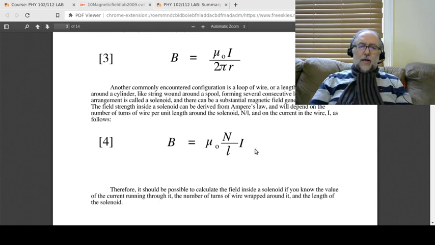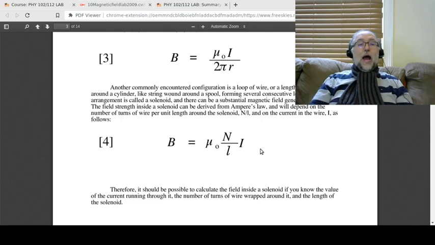If you want to get up into the Tesla range, things like the MRIs that they use for imaging of the brain or whatever, they get up into several Teslas. Those are really, really big electromagnets. But generally speaking, magnetism in the lab is in the millitesla range. A good magnet might get up into the few hundreds of milliteslas, but a full Tesla is pretty darn big. Okay, so there you go.